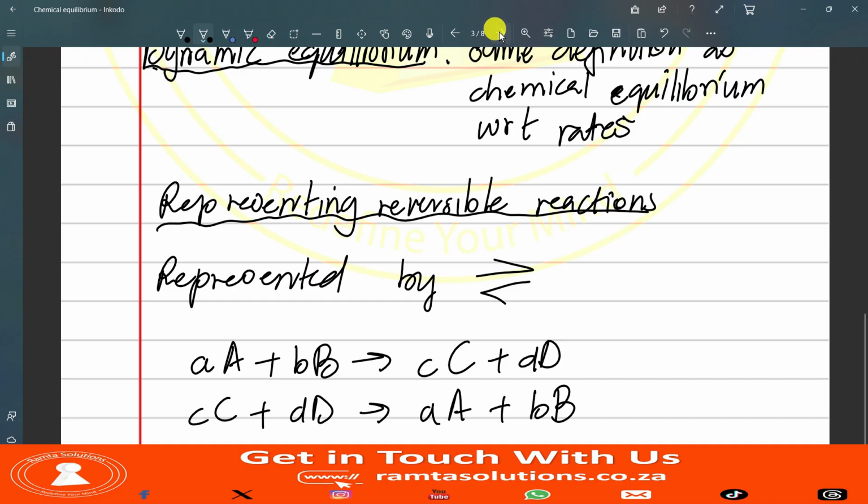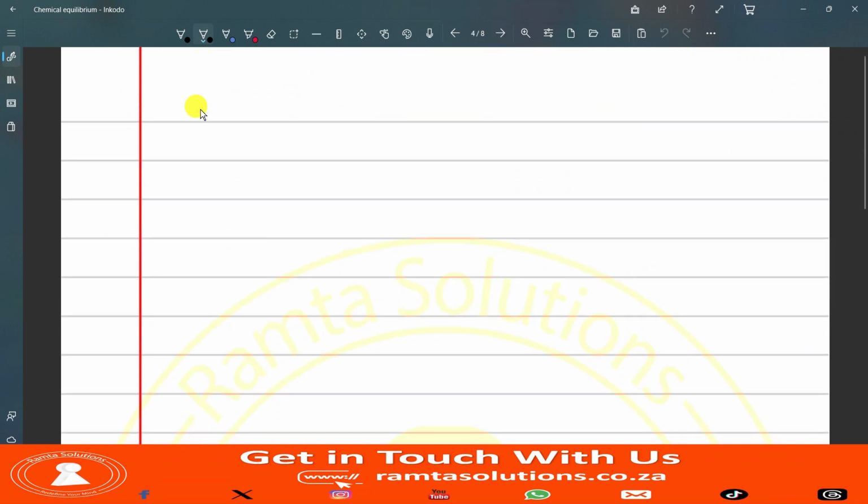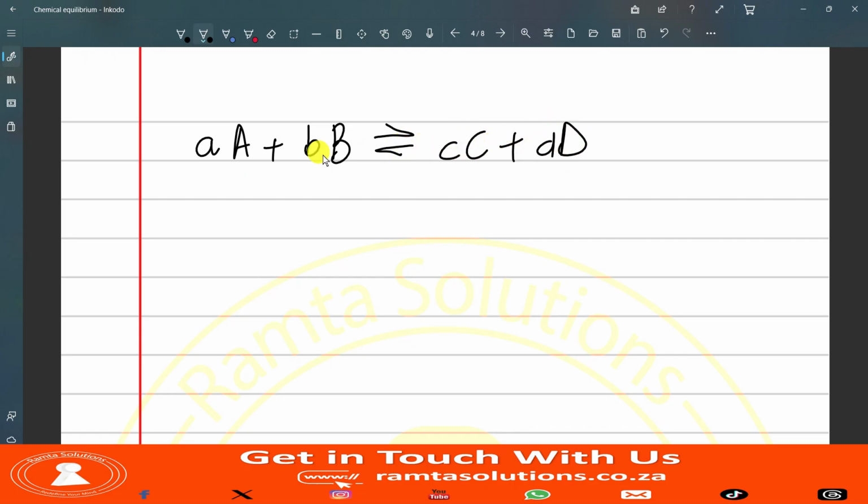So to represent them, instead of writing these two individually, we can just use one line and say substance A reacting with substance B, a reversible reaction. Can you see that? This is how you represent reversible reactions.